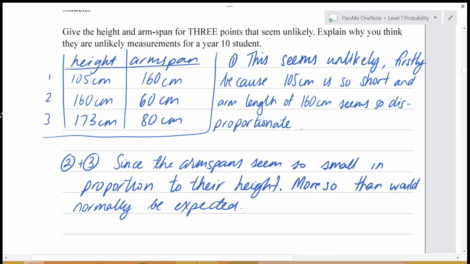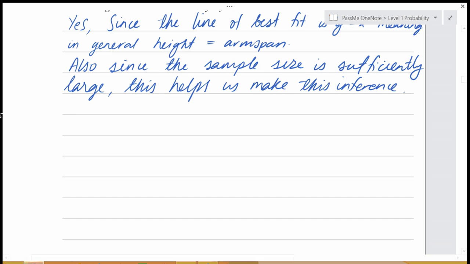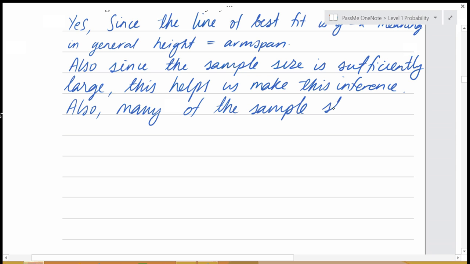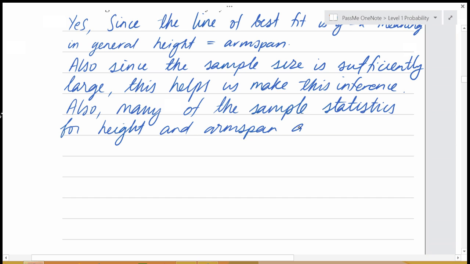So we'll just say also many of the sample statistics for height and arm span are nearly the same.